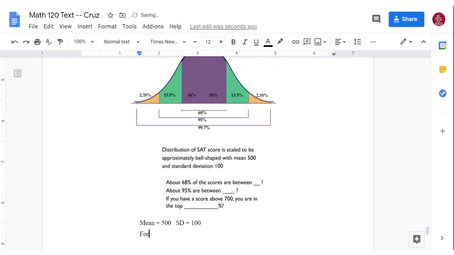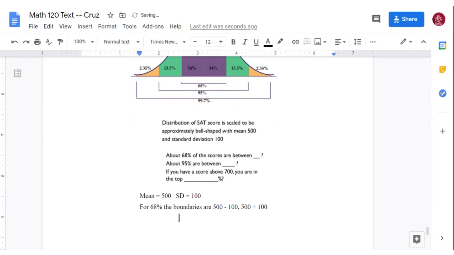So for 68%, the boundaries are 500 minus one standard deviation, which is just 100, and 500 plus 100. So the boundaries for 68% are 400 and 600. So 68% of the scores for SATs will be between 400 and 600.